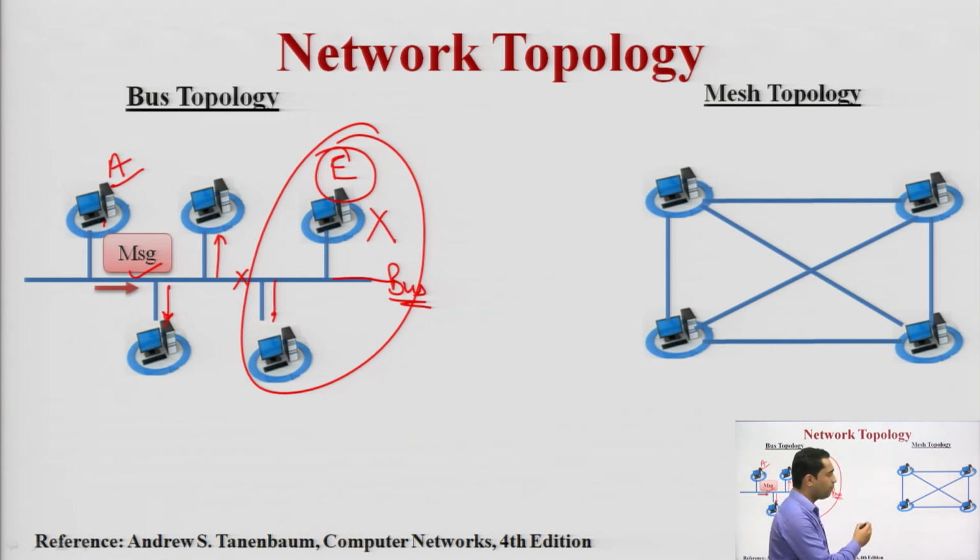This is an example of complete mesh, where each and every node is connected to every other one. Suppose I remove this particular edge or communication link, it will become a partial mesh topology. So, what is the advantage? If there is any node failure or link failure, the other nodes or links won't be affected. The drawback is that the cost is more. It is highly expensive compared to the other topologies.